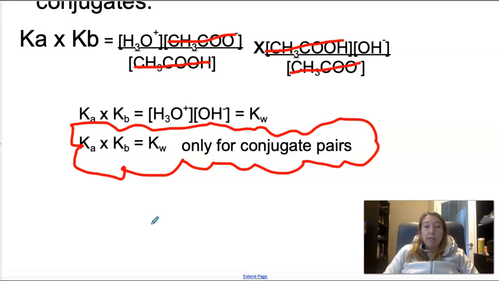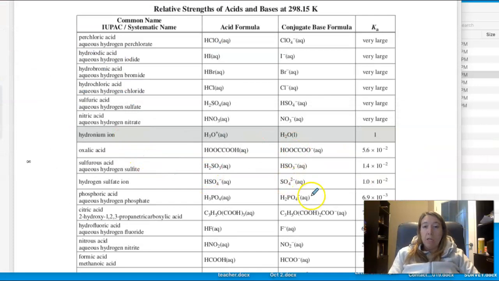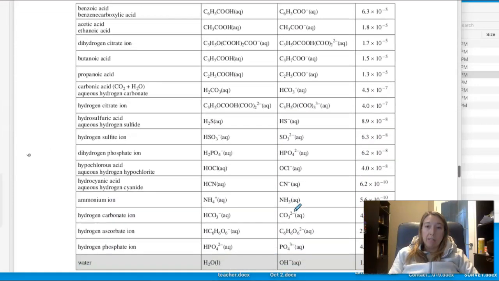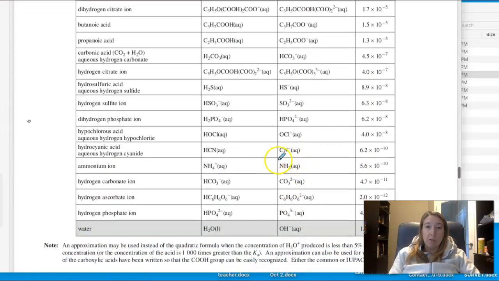If I was trying to figure out what the Kb was for ammonia, I would look up its conjugate, or I could also just find it in the base column. Let's say we're using ammonia, because that's what I keep talking about. So here's ammonia, and here's the ammonium.